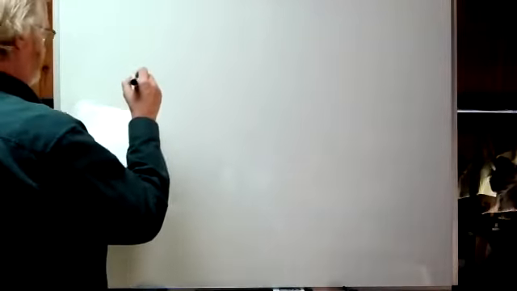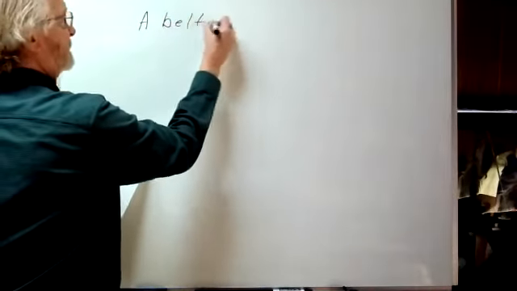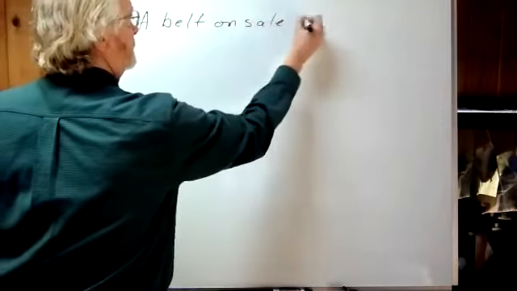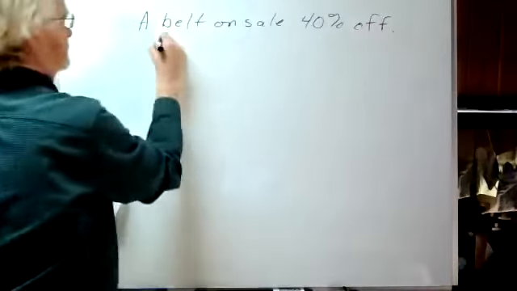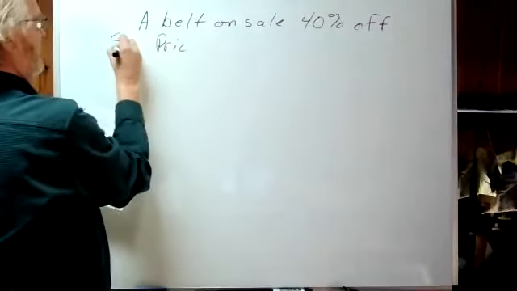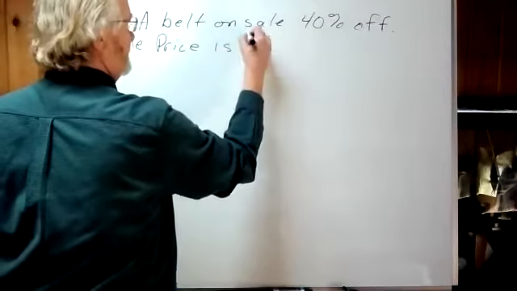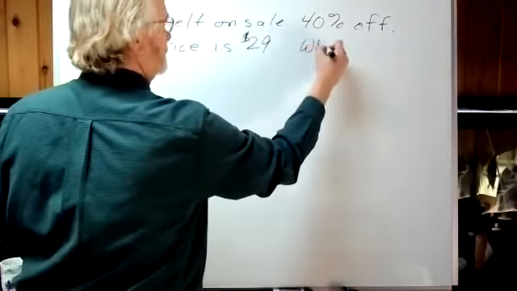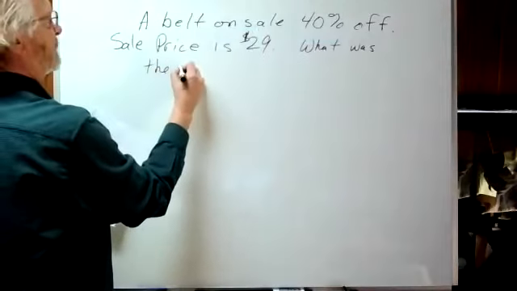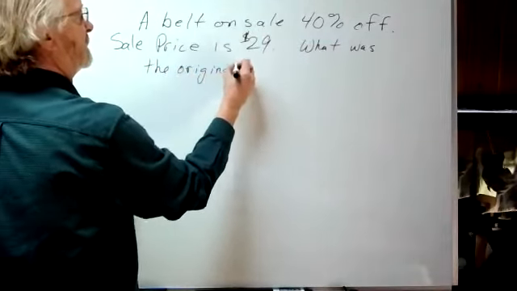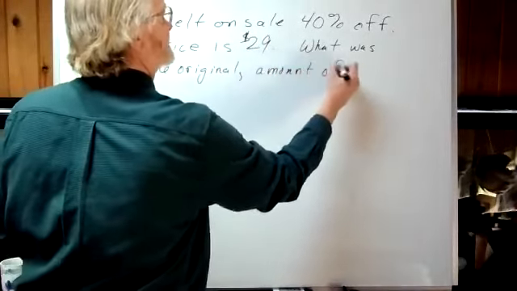So let's say a belt on sale, 40% off, sale price is $29. What was the original? And sometimes they ask for the amount of discount.